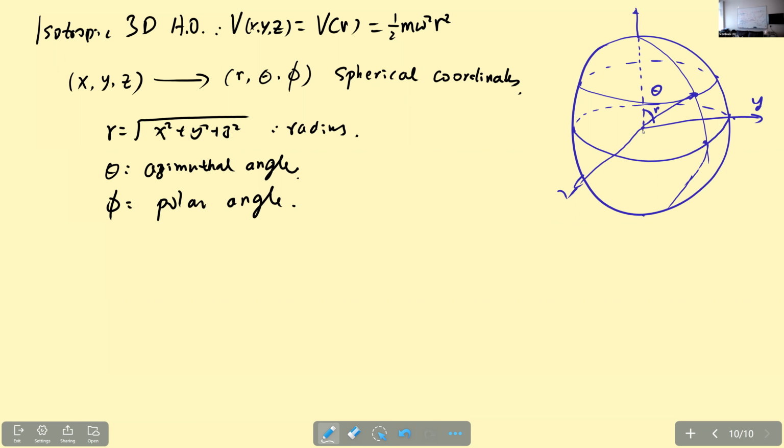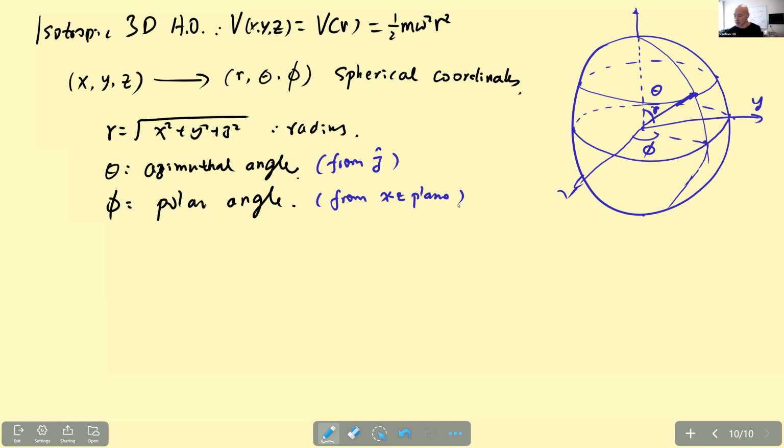And this angle is called phi. So the distance is r, and the angle away from the z-axis is theta, and the angle away from the xz plane is phi.